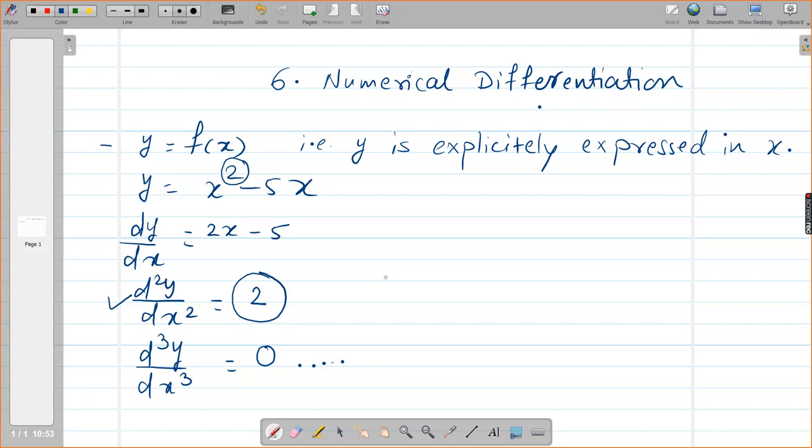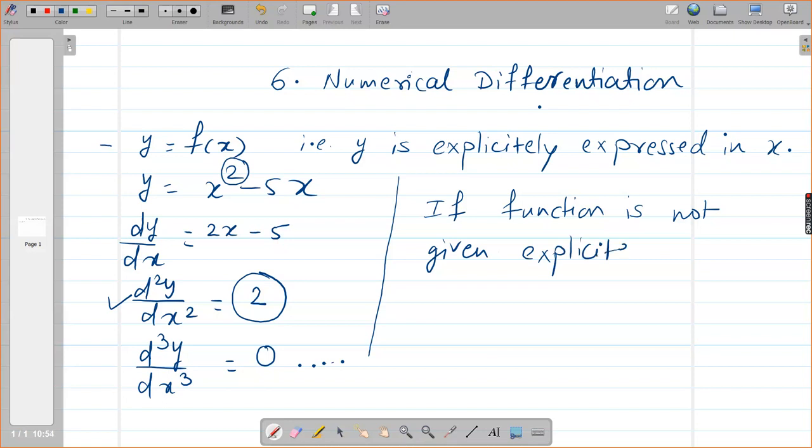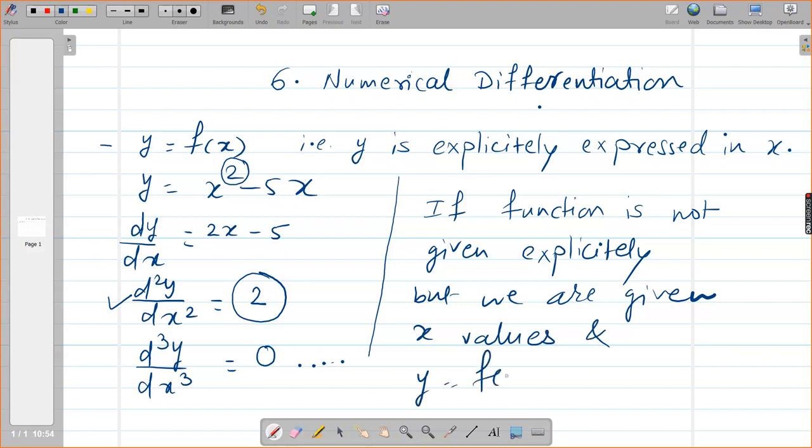But if the function is not given explicitly, but we are given x values and y values, then we can find the derivative value of that function at a particular x value within the range using an interpolation technique.